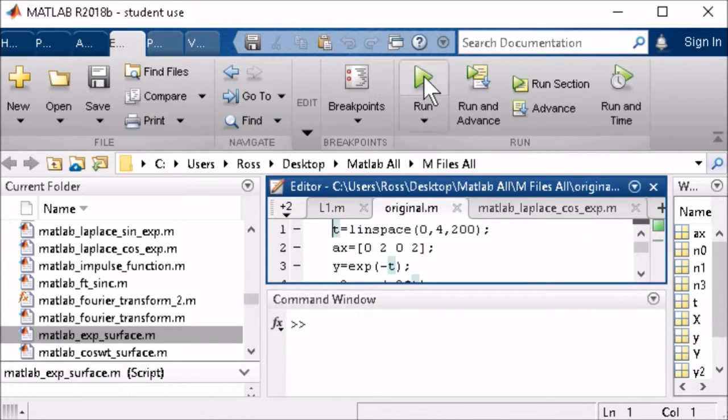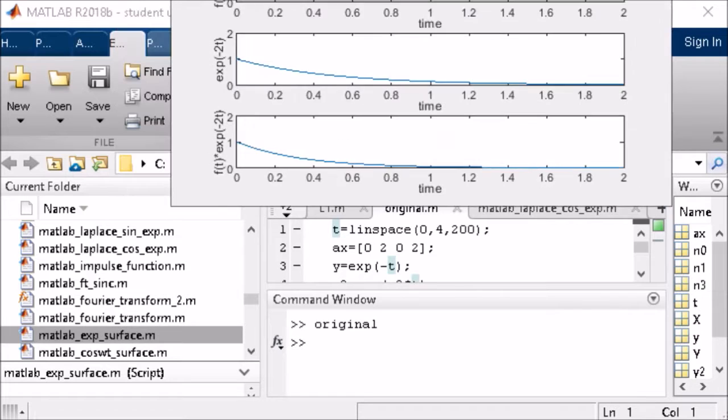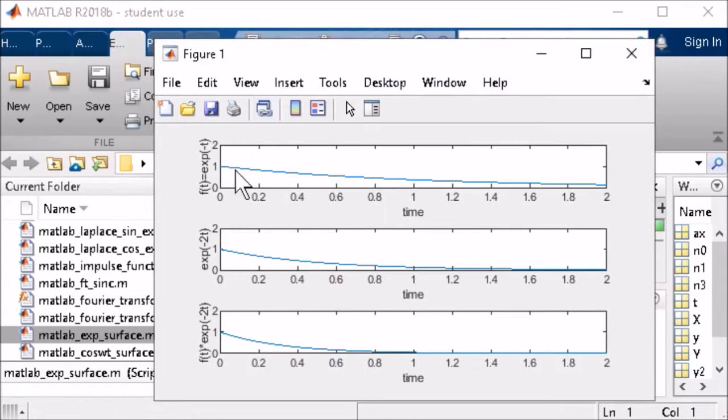So the original function of time looks like this here. So that's a function of time and it's going to be modulated by one part of the e to the minus sigma t surface, and this gives us this function here. So we've seen that in a previous slide.